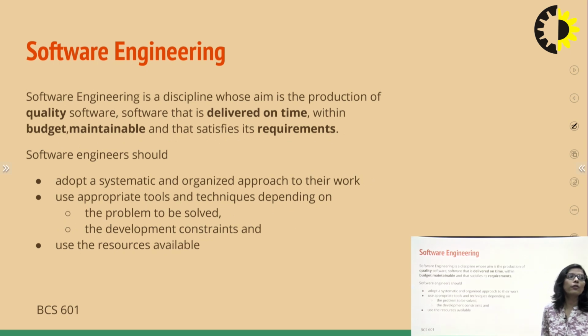Software engineering is a discipline whose aim is the production of quality software that is delivered on time, within budget, maintainable, and also satisfies its requirements. This is the wholesome definition: we need to prepare quality software, delivered on time and within budget, and most important, it should satisfy all the user requirements.